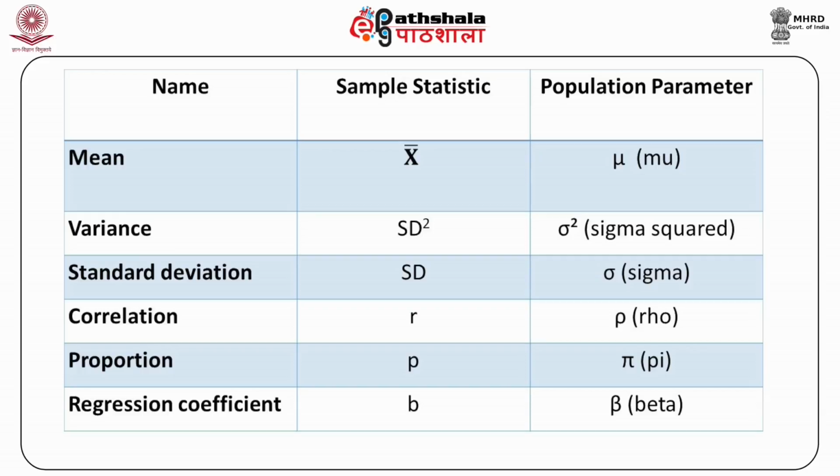For example, the mean may be given as x bar as a sample statistic, whereas it is represented as mu by the Greek letter. Similarly, variance, standard deviation, correlation, proportion, and regression coefficient are all represented with different symbols for a population and a sample.